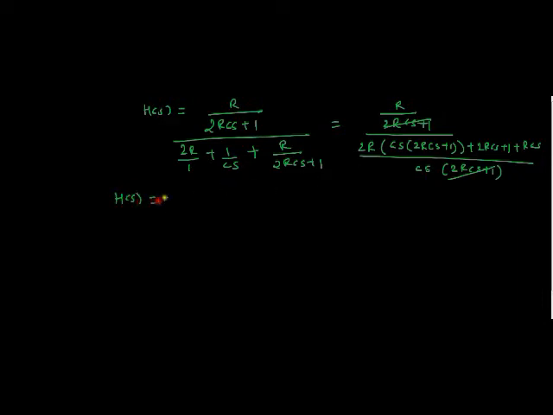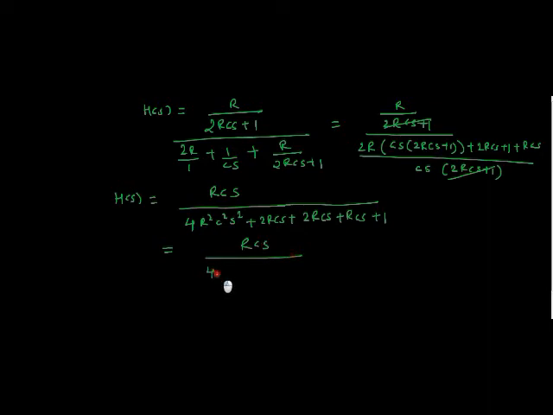So we'll simplify further. We'll end up with RCS upon 2RCS into 2RCS, that is 4R square C square S square, plus 2RCS. There is also another 2RCS, plus RCS, plus 1. So that is a total of 5RCS. So we get RCS upon 4R square C square S square plus 5RCS plus 1.